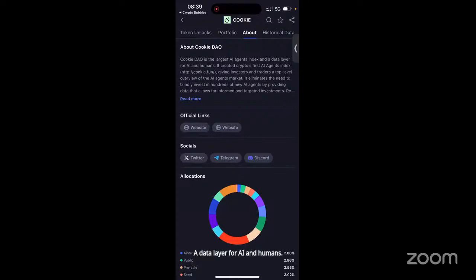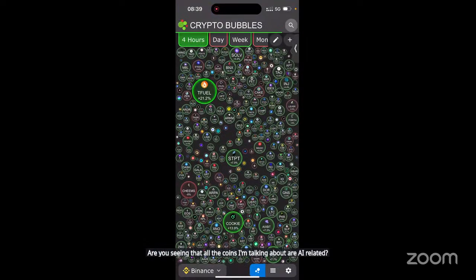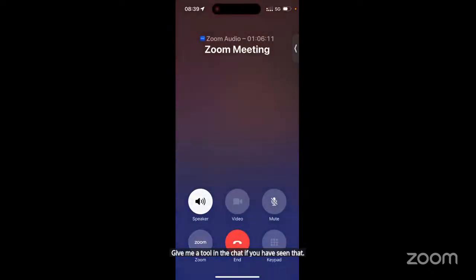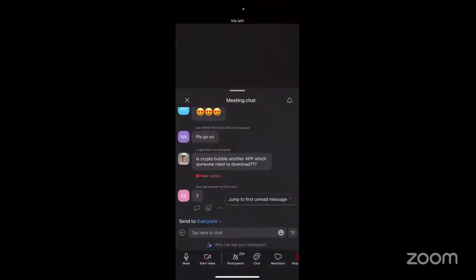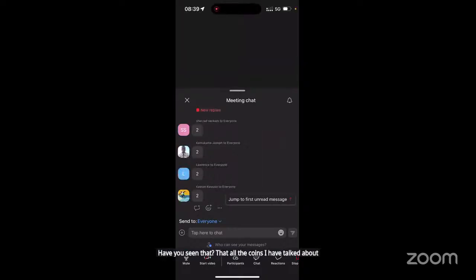It gives investors and traders a top level view of the AI agents market. Have you seen that all the coins I'm talking about are AI related? Give me a 2 in the chat if you have seen that.